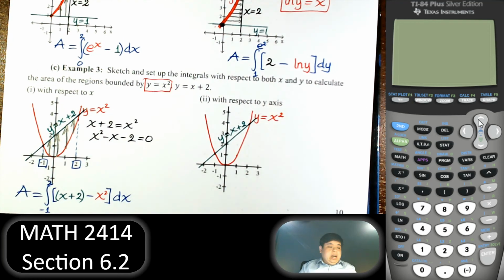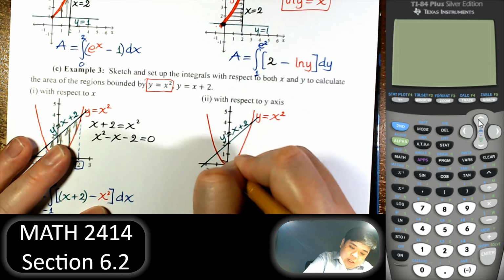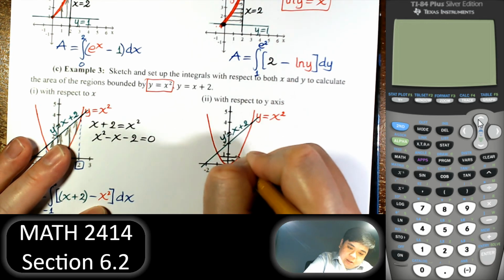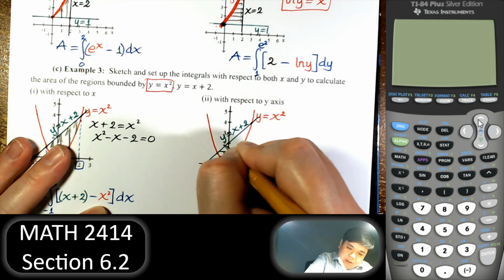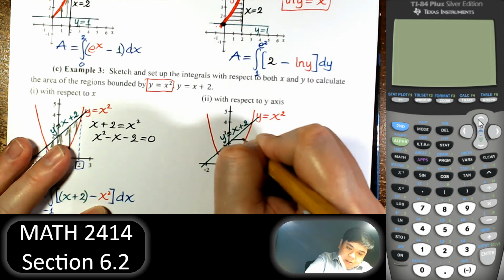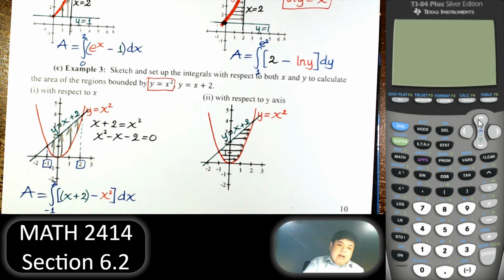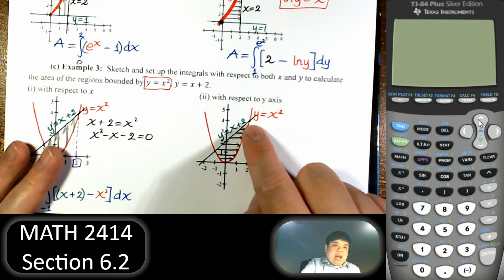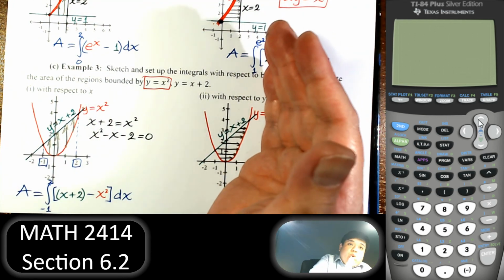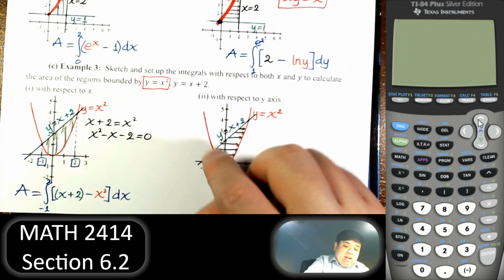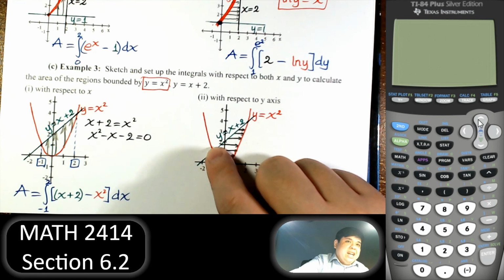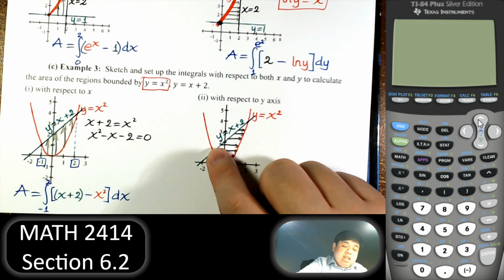Now, if we're going to use dy, we need the horizontal component. So that is the region, and there's a big problem because this region on the right is bounded by the parabola, which is good, but on the left it is bounded by the parabola, even the same function. That makes things interesting.